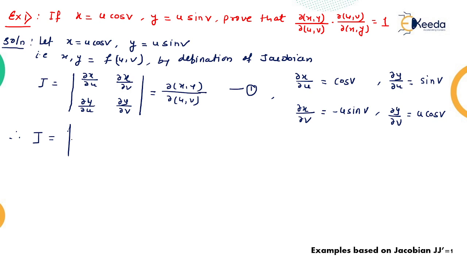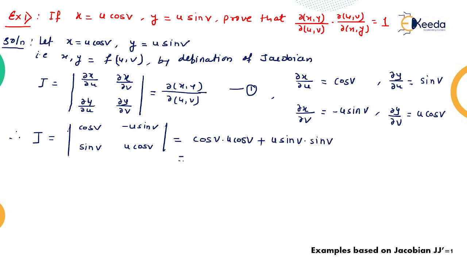Using these values in the determinant, ∂x/∂u is cos v, ∂x/∂v is minus u sin v, right? Then ∂y/∂u is sin v, and here is u cos v. I hope you understand this. Just calculate by cross multiplication: cos v into u cos v, then minus minus will be plus, u sin v into sin v.